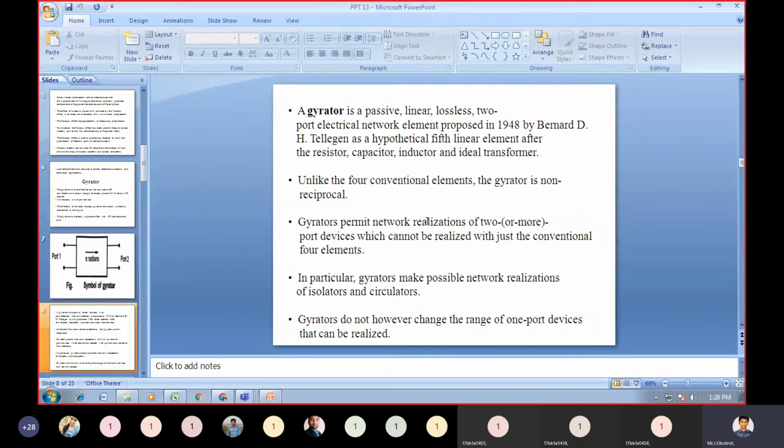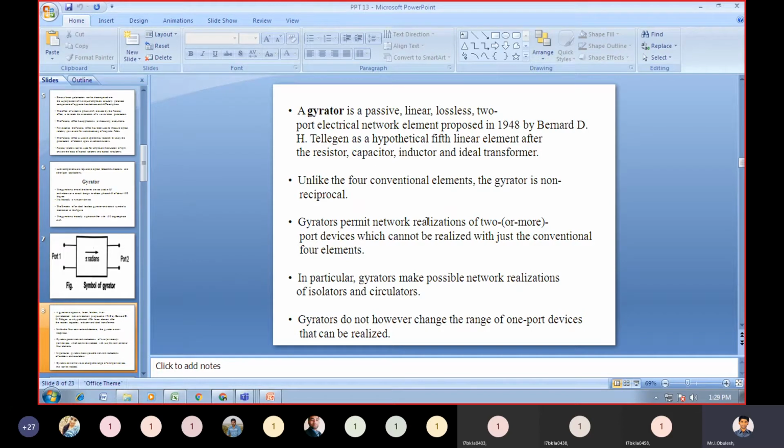Next, a gyrator is a passive, linear, lossless, two-port electrical network element proposed in 1948 by Bernard D. H. Tellegen as a hypothetical fifth linear element after the resistor, capacitor, inductor and ideal transformer.